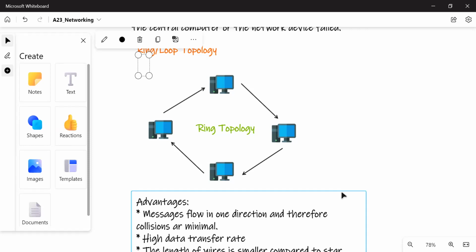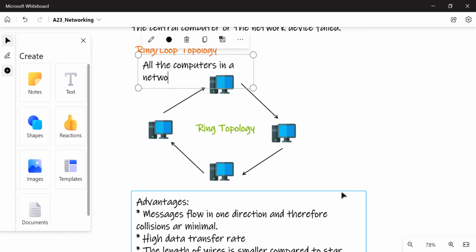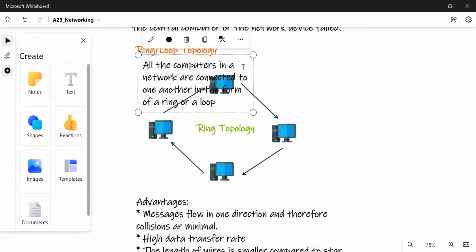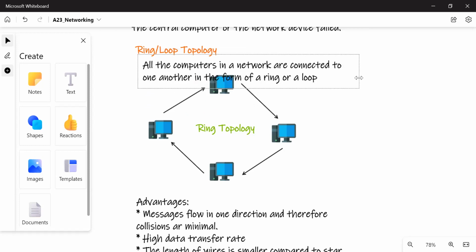So what you need to write down about the ring topology is all the computers in a network are connected to one another in the form of a ring or a loop. So this I actually missed to take down.